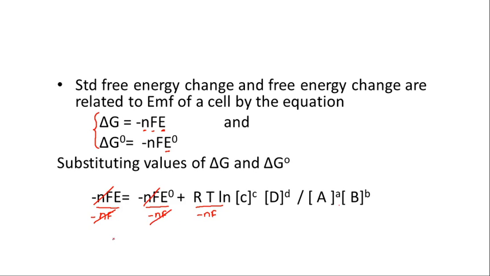Here it does not cancel out. So what remains here is E is equal to E naught. This is minus here, so this sign will change. It is minus RT upon nF log of concentration of C raised to c, concentration of D raised to d divided by concentration of A raised to a, concentration of B raised to b.